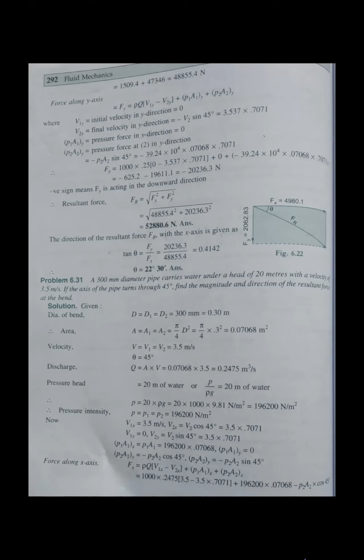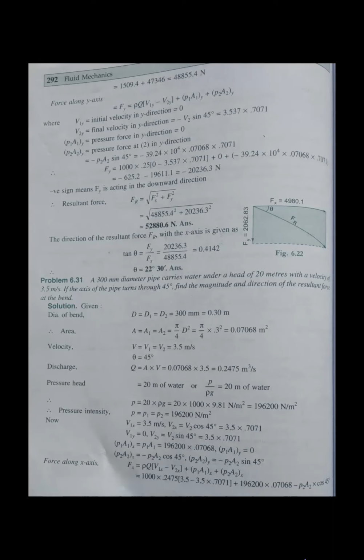So V2 cos 45 minus 0. So ultimately you will get the equation for Fy the same. But you have to substitute. With substitution itself, you can write the formula for Fy.